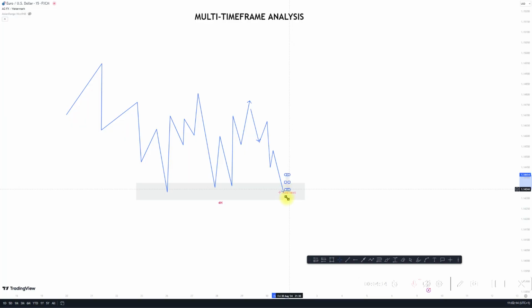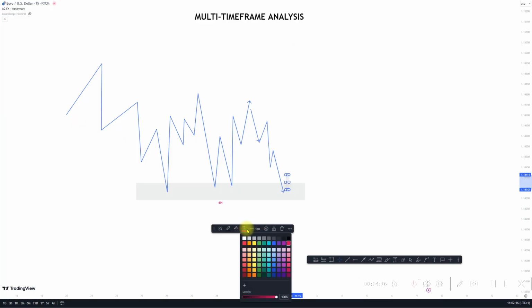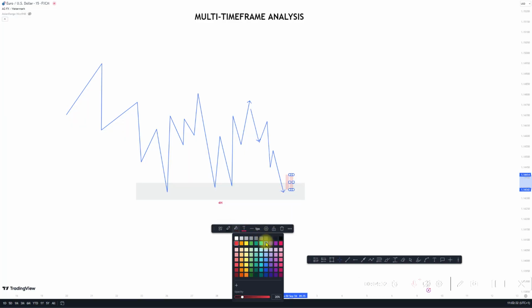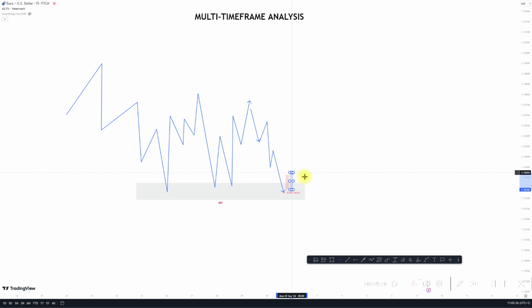Let's say this is a sell candle, right? Then this other one is a buy candle. Let's use a blue color for it. We'll still look at the proper chart.